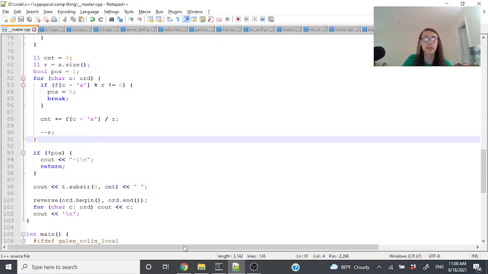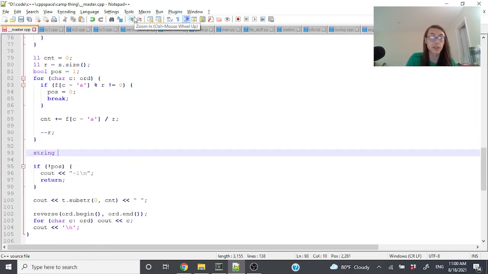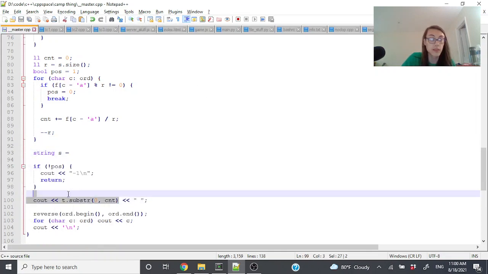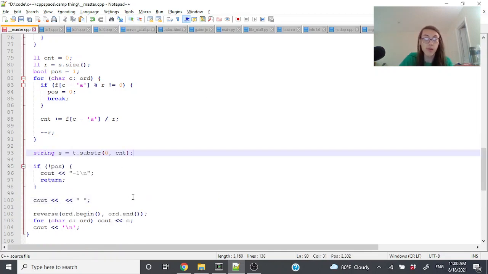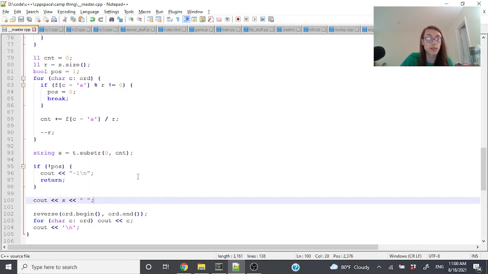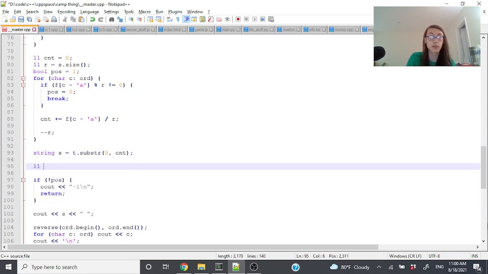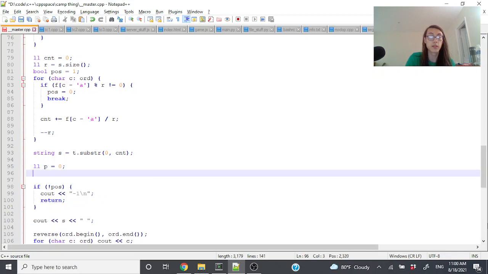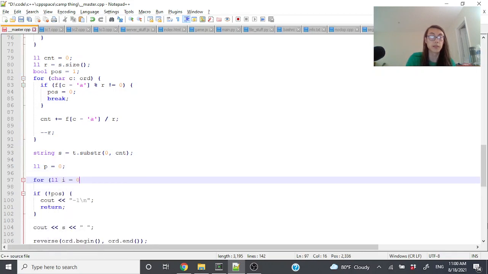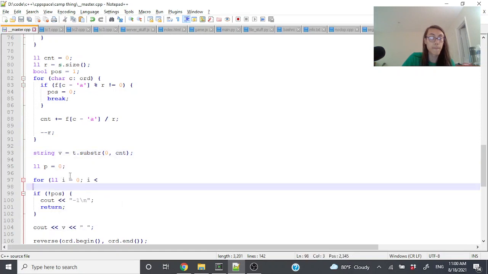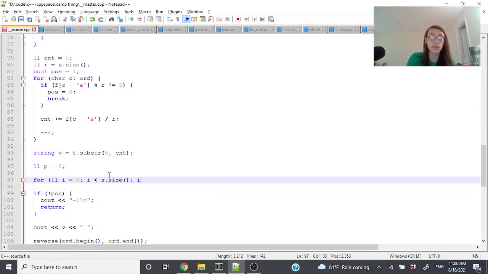We just need to make sure that, so string s is equal to this. Now, for i = 0, i less than s.size, i++.